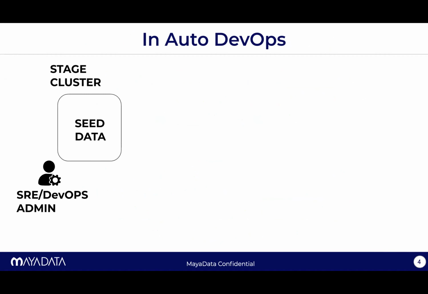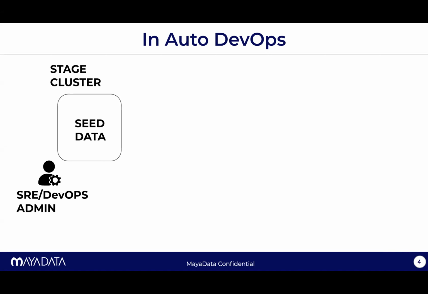How we do that is you will have a stage cluster which is sitting in the same environment as the production cluster. Of course, you're not going to take production data and run it on your pipeline. So there will be a massaging of the data, which is usually called seeding of the data, where you, as a DevOps SRE or an administrator, take out the personal information of your production data and then create a data pattern.